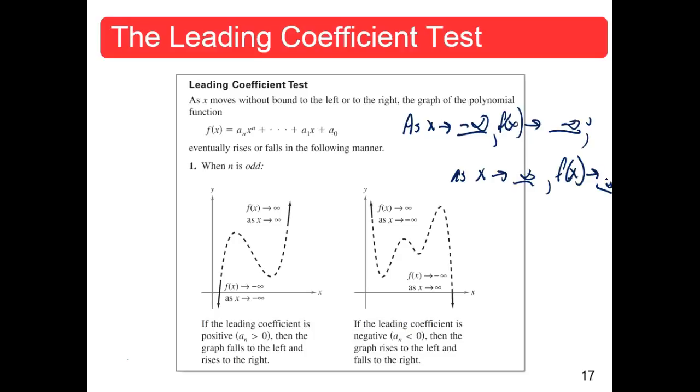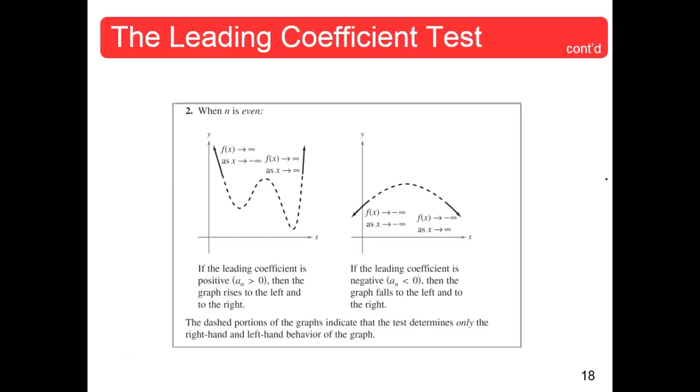All four of them are going to be infinities. If it's an odd n, so they're going opposite directions, and a negative a, then those signs will be different. If it's an even n, they've got to be the same signs for your f. One x negative, one positive, they're all infinities.